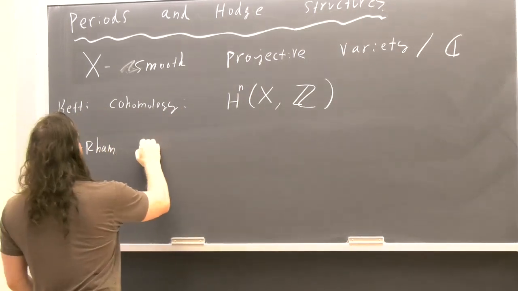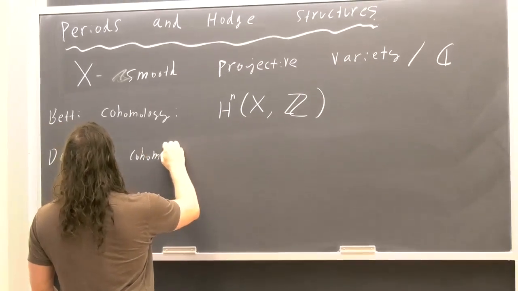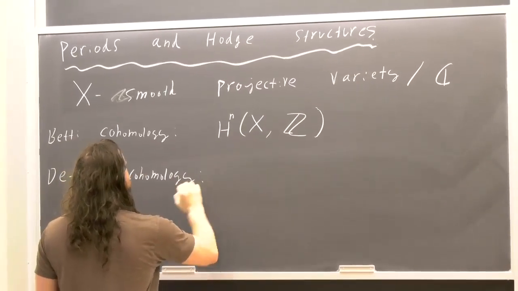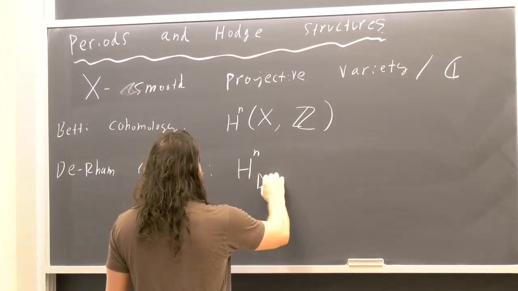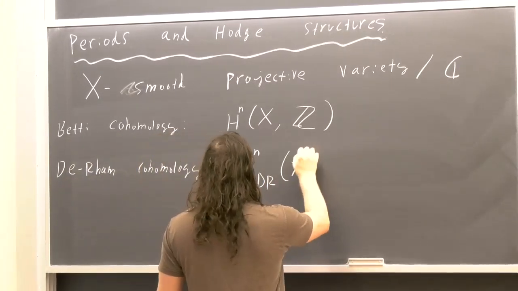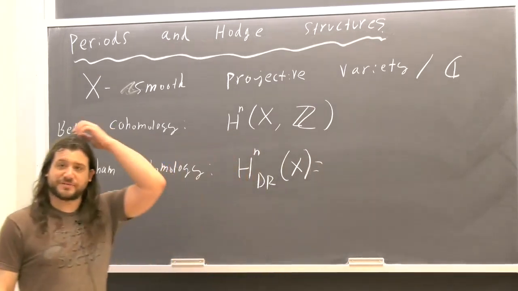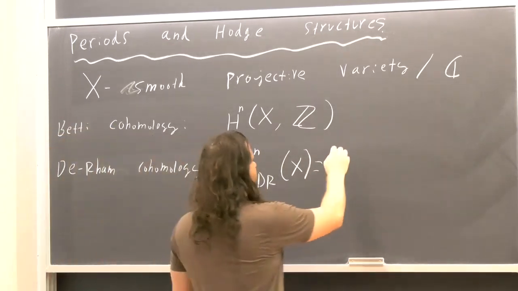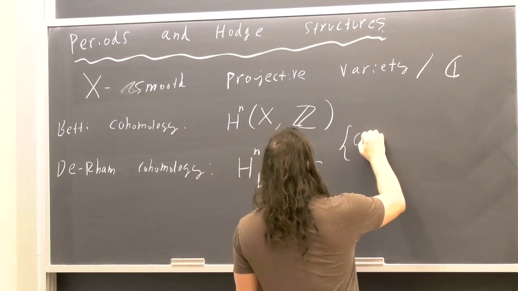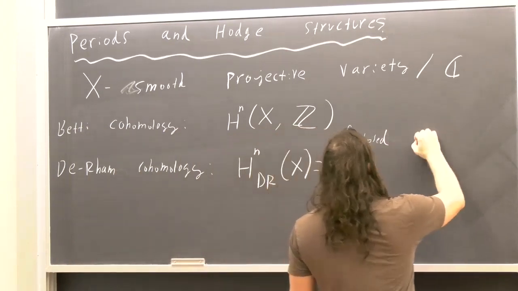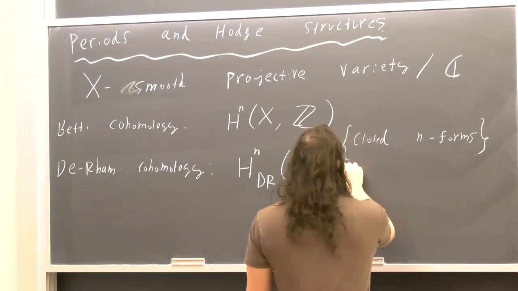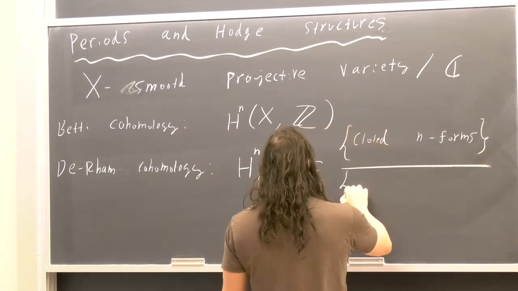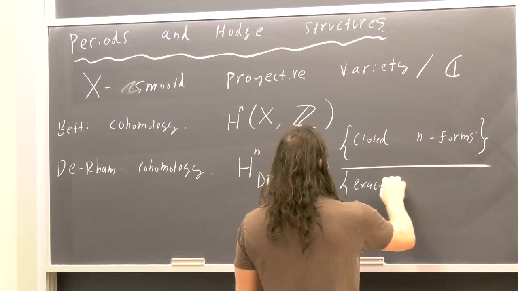Then we also have the de Rham cohomology, H^n_dR(X), which we think of very explicitly as closed n-forms modulo exact n-forms.